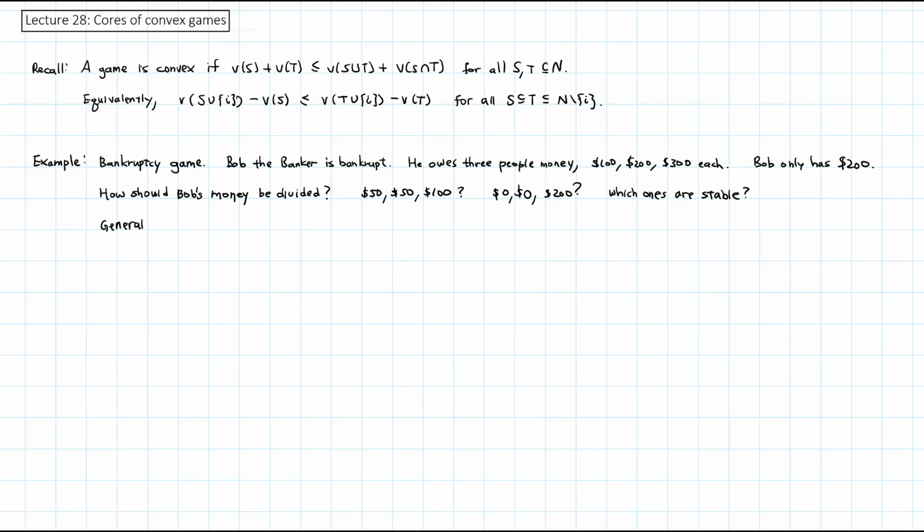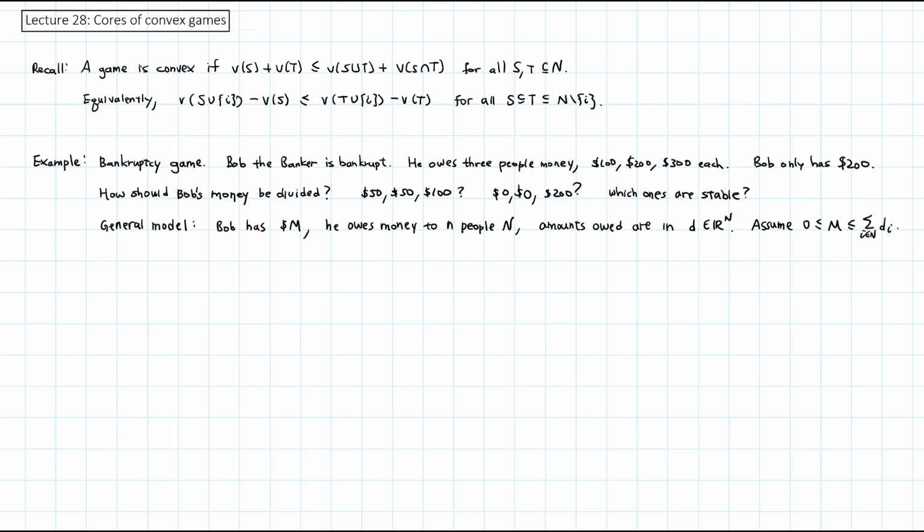Let's look at a general model for this problem. Bob has M dollars, and he owes money to N people, and the amounts that are owed are in this vector d in R^n. We will assume that M is non-negative and less than or equal to the sum of all the d_i's. We will formulate a cooperative game as follows.